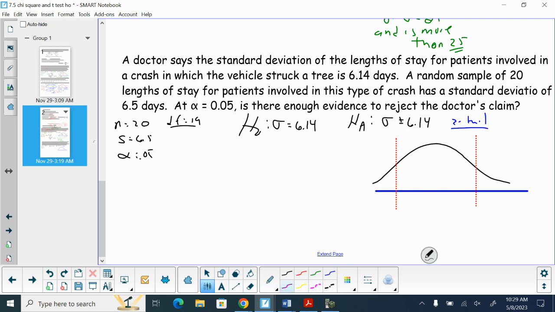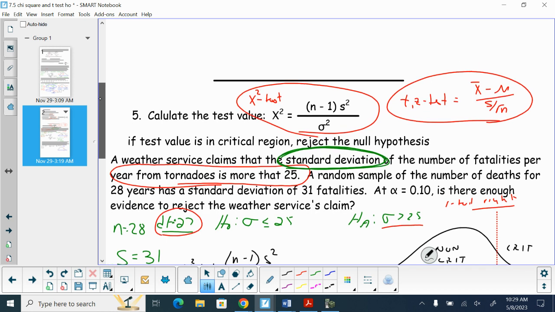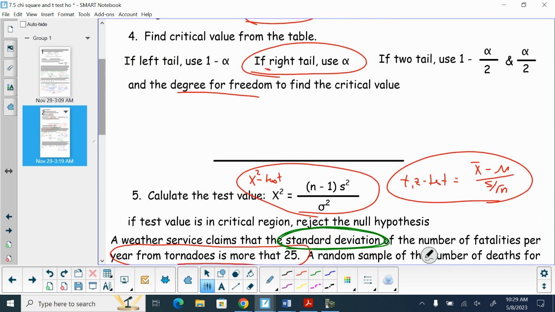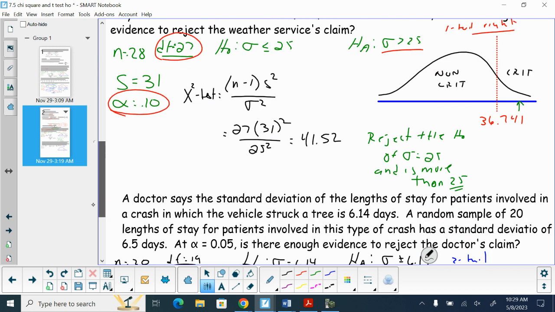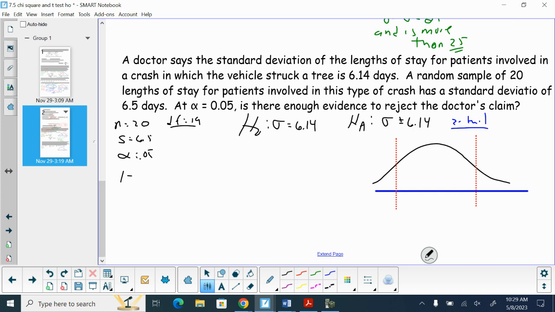If we are two-tail, we use alpha divided by 2 and 1 minus alpha divided by 2 for our critical values. So alpha divided by 2 is 0.05 divided by 2, which is 0.025. And then 1 minus that is 0.975.